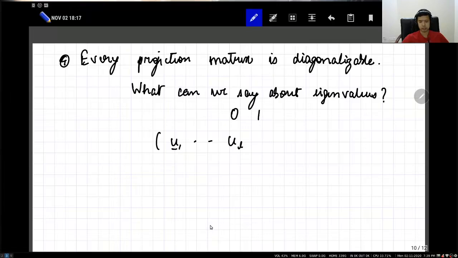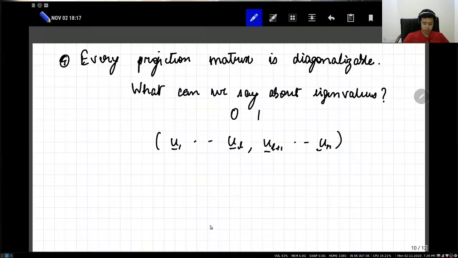Suppose that l is the rank of the projection matrix A, and let's suppose that u1, u2, up to ul is a basis for the column space, and ul plus 1 up to un is a basis for the null space, right?